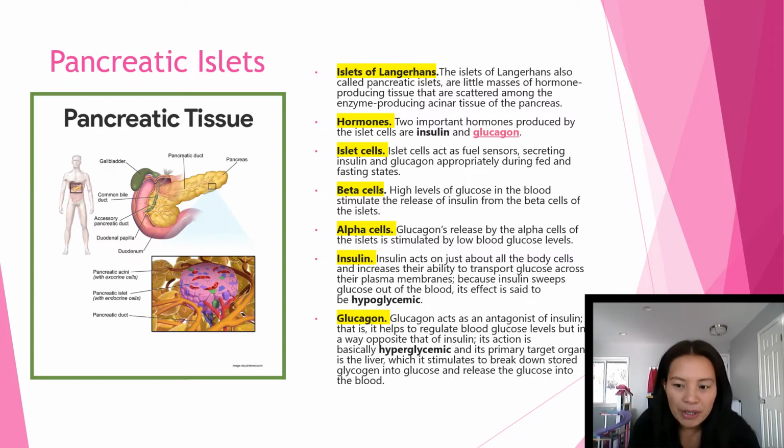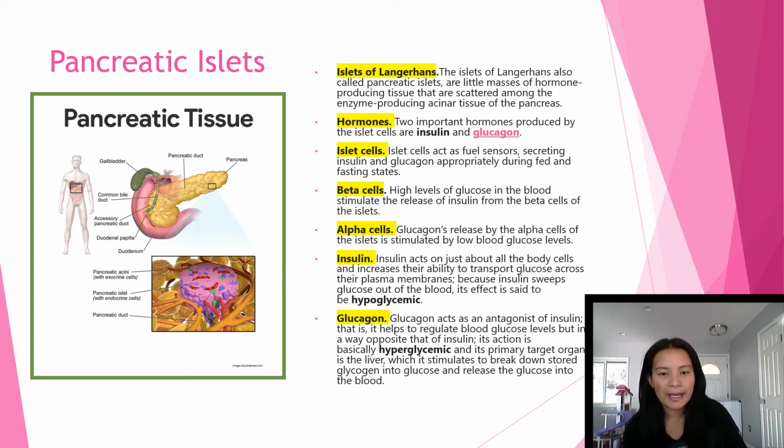We have a picture on the left side, and it shows the bladder, the pancreatic duct, pancreas, the common bile duct, accessory pancreatic duct, duodenal papilla, duodenum, and in the bottom picture we have the pancreatic acini with exocrine cells, the pancreatic islet with endocrine cells, and pancreatic ducts. I hope you follow me in the picture.